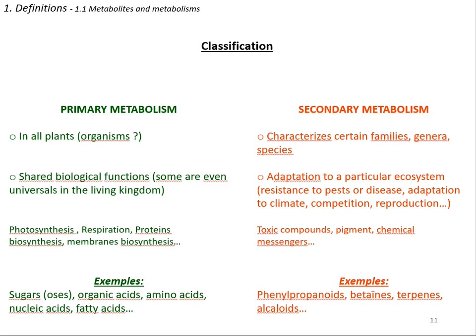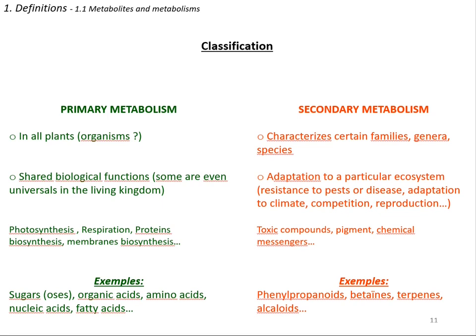It's an adaptation to a particular climate, whether it's dry or cold or wet. It's also about the competition with other plants within the same area, and also about the efficiency of reproduction, especially by communicating with insects in the higher plants.